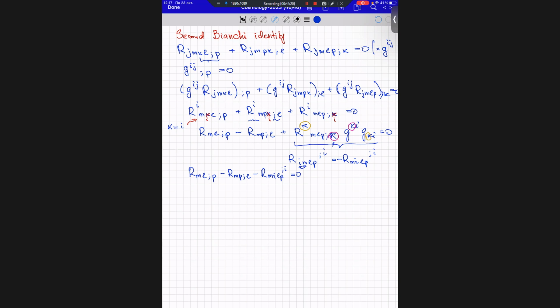Now I want again to make a swapping and reach a much simpler element. This is scalar curvature. So I will multiply by G M L, because I can see that in this case I have R M L. Let's see what it will be.